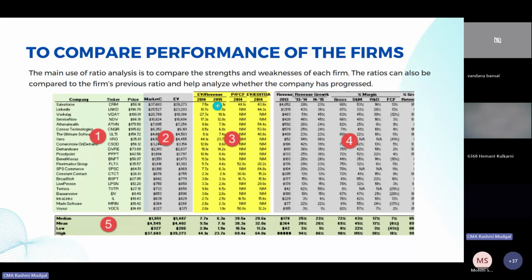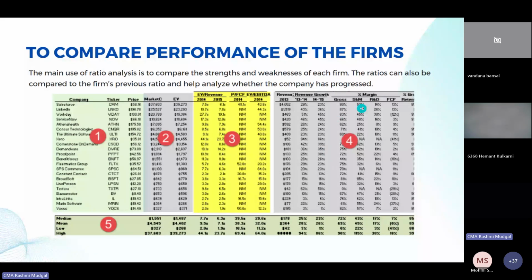So what I can see here is earnings as well as price as well as my revenue growth by the years, my gross profit margin, my R&D expenses, everything is given by the industry.